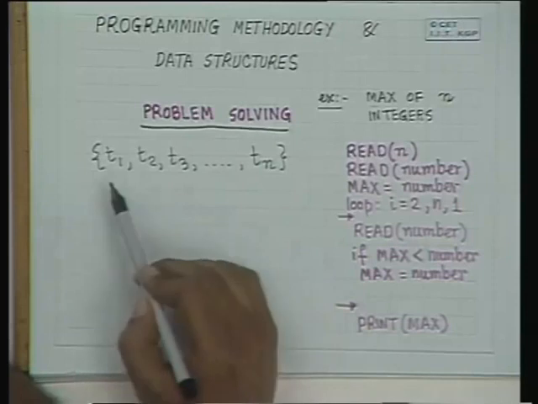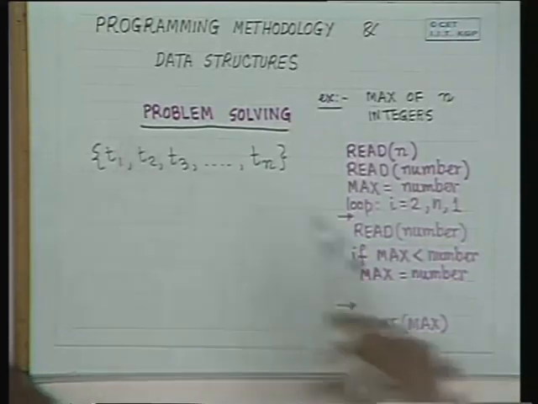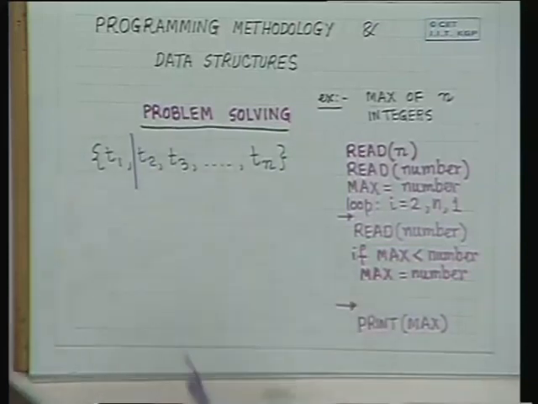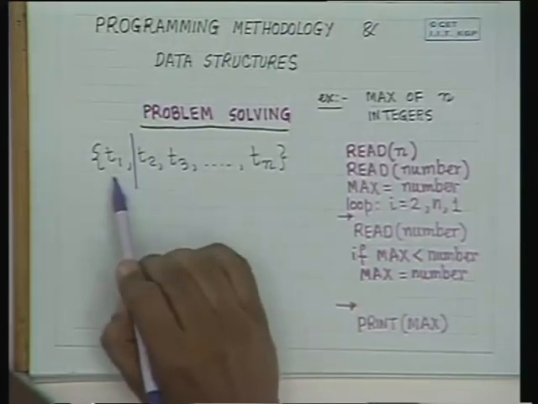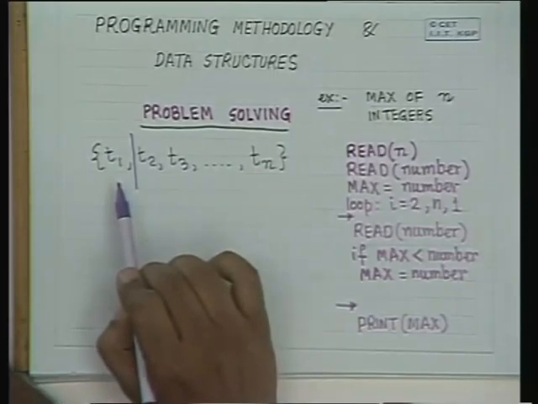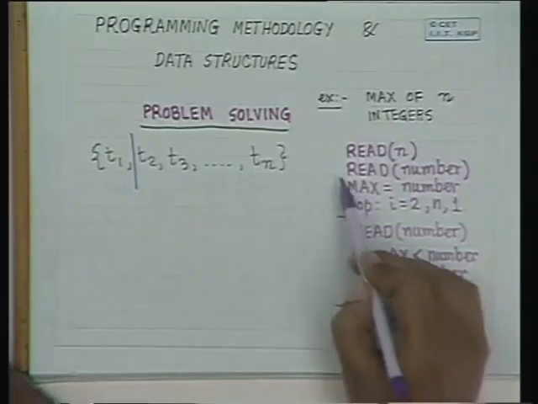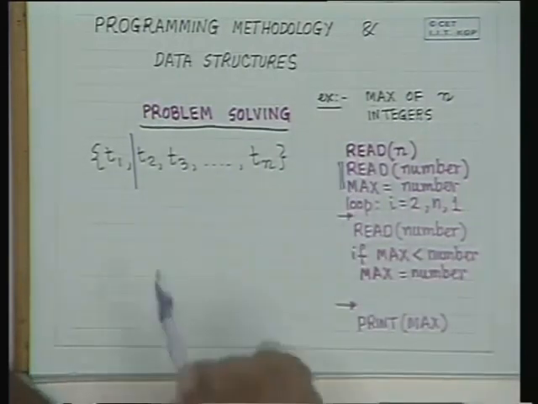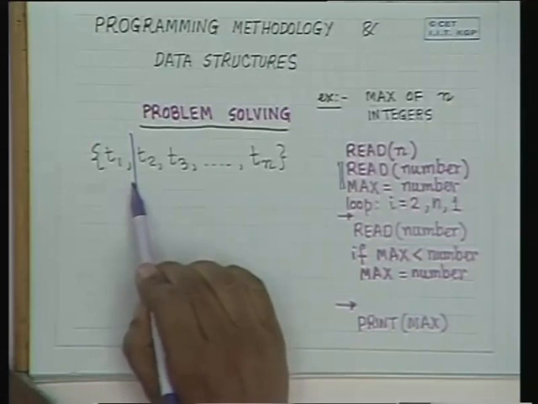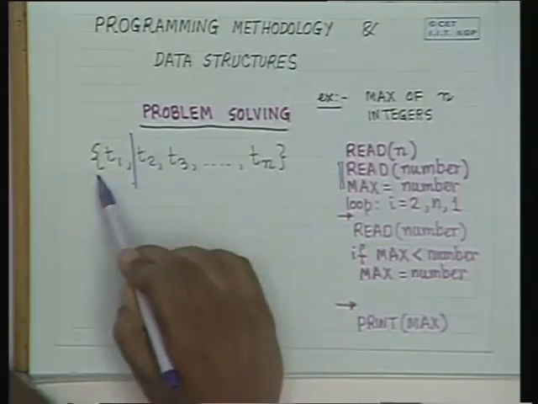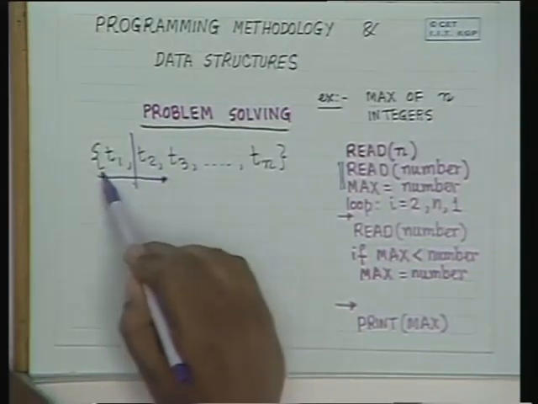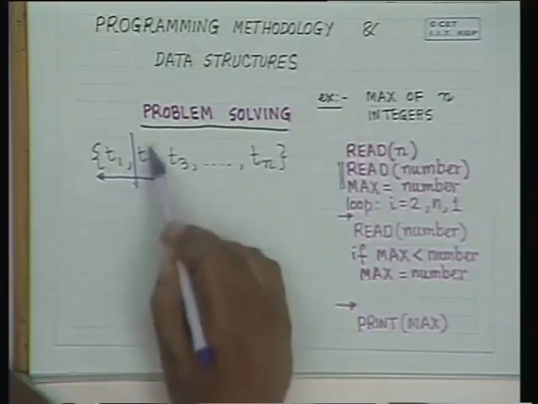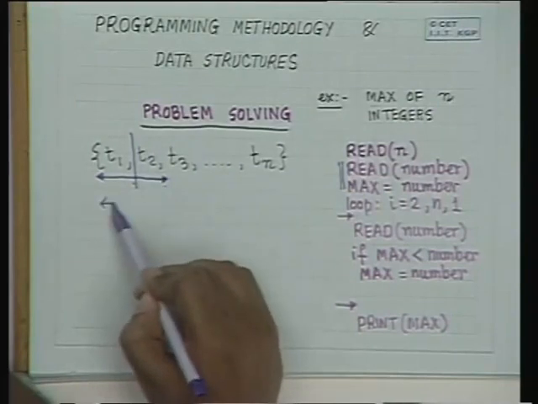We first tried to solve the problem up to here and said that if this was the only problem to be solved, this is the value of the maximum, which we did here. And then once we have solved this, we tried to solve the problem from the beginning to here. And then we tried to solve the problem up to here.